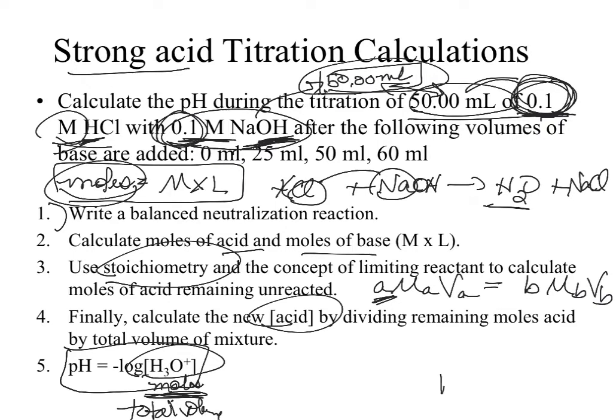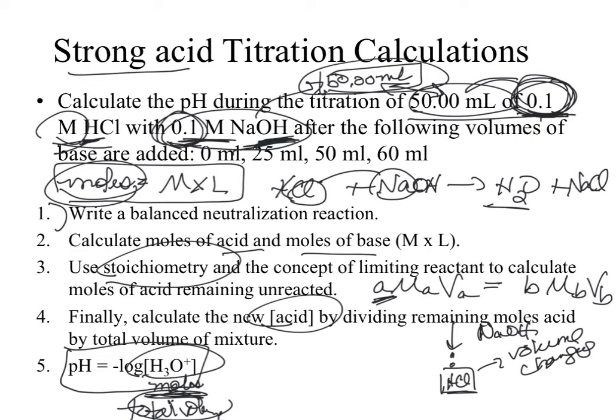Remember, if you're titrating, you've got a container of acid down here, and in your burette you're adding base, so your volume is changing constantly during a titration. If you're asked to calculate the pH at various stages of a titration, the total volume is going to change constantly.